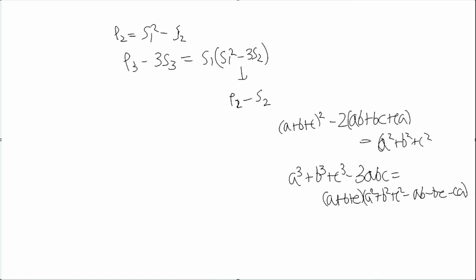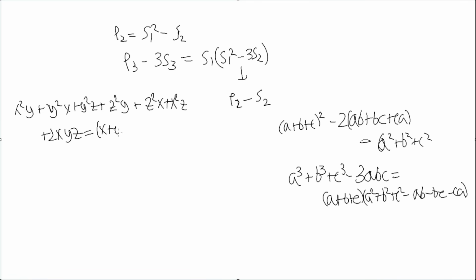So we have this over here. And we have some more useful 3-variable identities. For example, we have x squared y plus y squared x, plus y squared z plus z squared y, plus z squared x plus x squared z, plus 2xyz is equal to (x plus y)(y plus z)(z plus x).